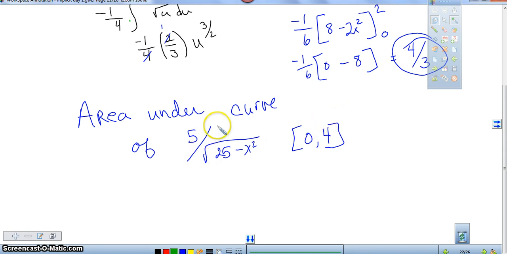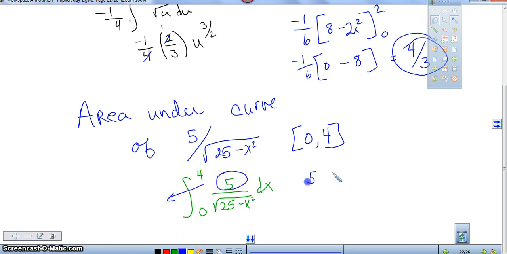You can graph this, but it's basically just a definite integral from 0 to 4 of the function 5 over the square root of 25 minus x squared dx, because you're adding up all those little areas. This 5, I'd move out front. So I get 5 times the integral from 0 to 4 of 1 over the square root of 25 minus x squared.